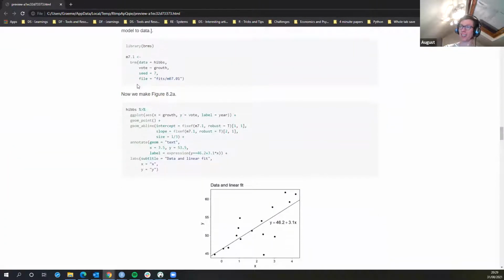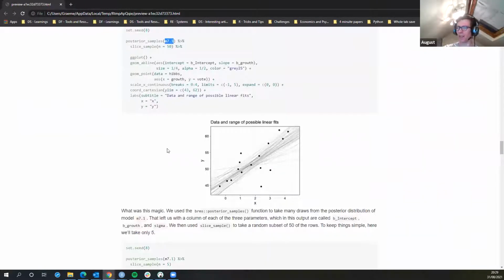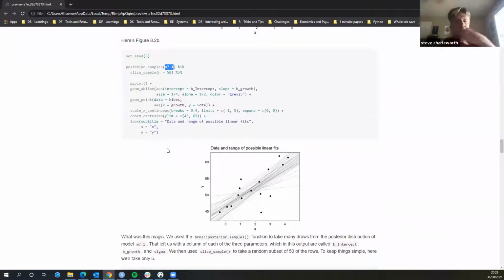So we take a Bayesian model and then posterior samples draws from the posterior distribution of the model. So is it creating new distributions and then drawing lines through it, or is it just creating different lines based on different samples of the data?